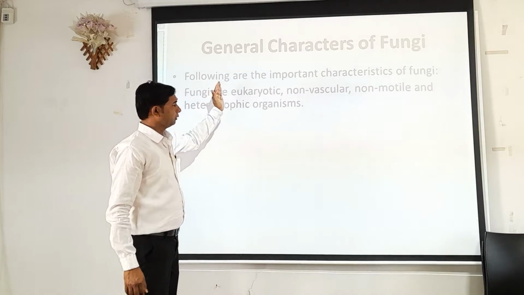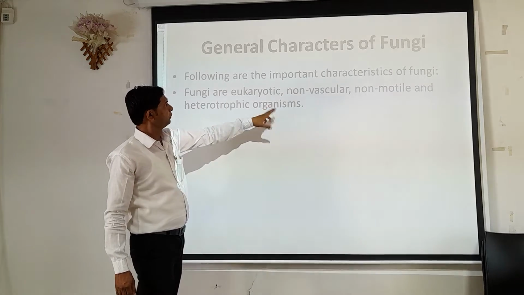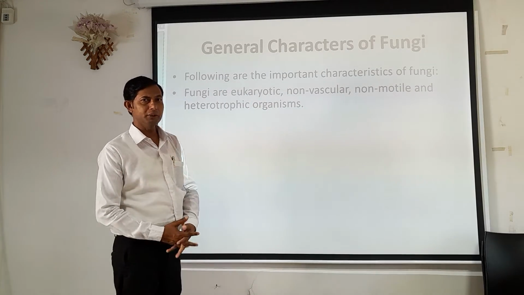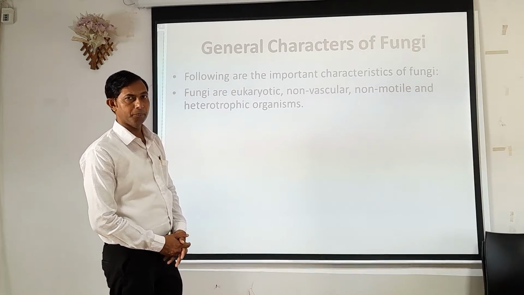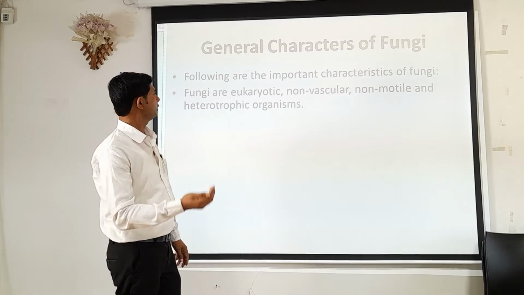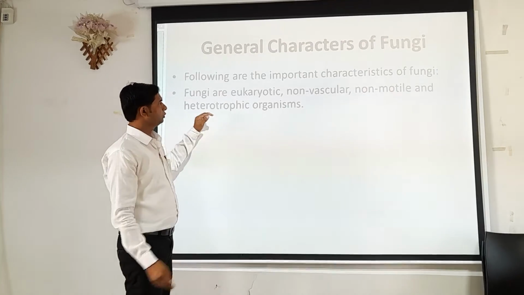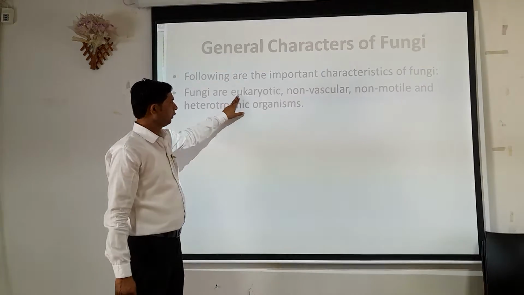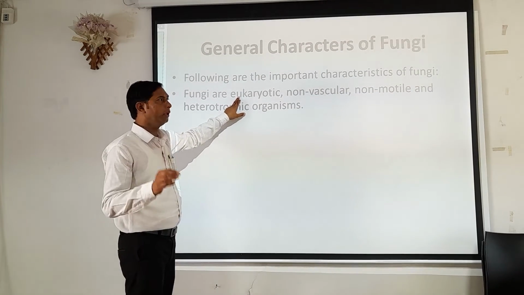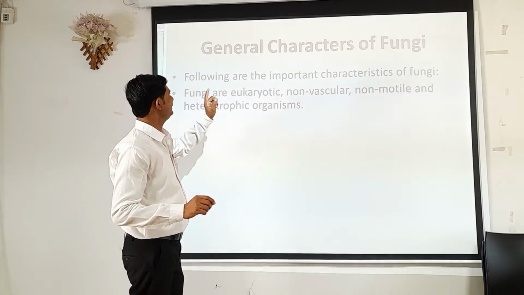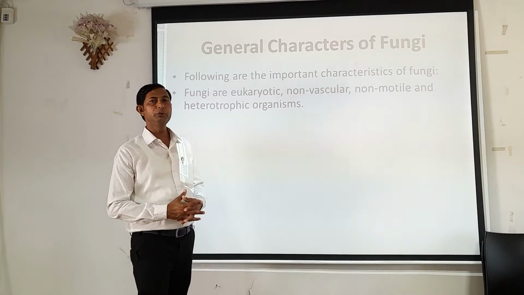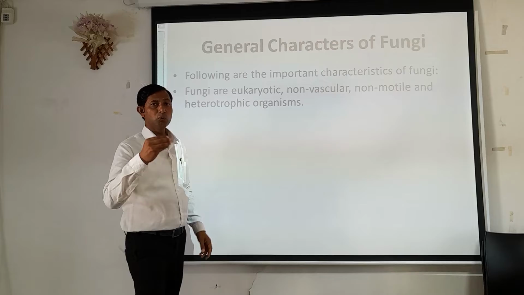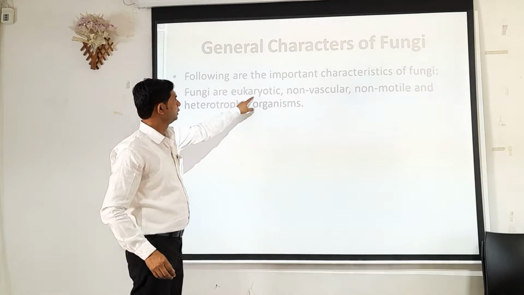The opposite of eukaryotic organisms is prokaryotic organisms, meaning not much developed organisms. This includes, for example, bacteria. So eukaryotic means having a developed nucleus, and fungi have a developed nucleus or nuclear material, that is, eukaryotic.